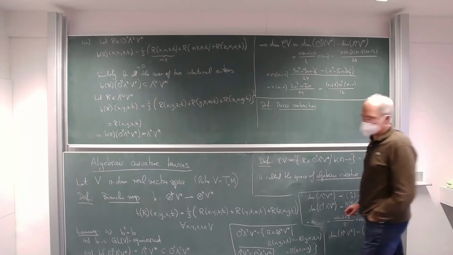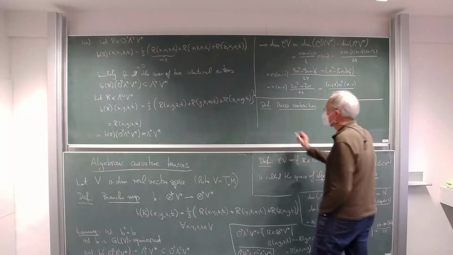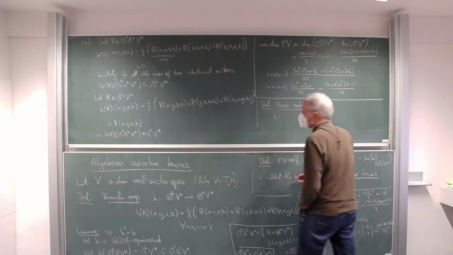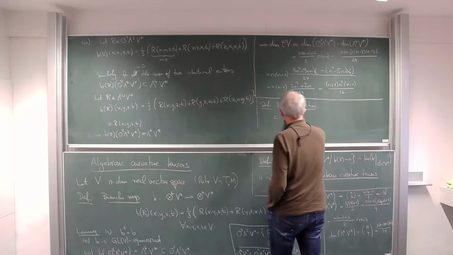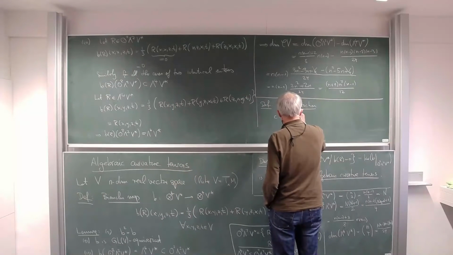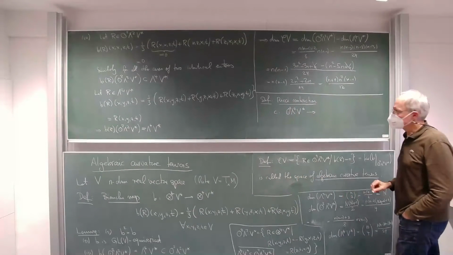And this is basically what we know. So let's see, this goes again from this space here and ends up in symmetric 0,2 tensors.